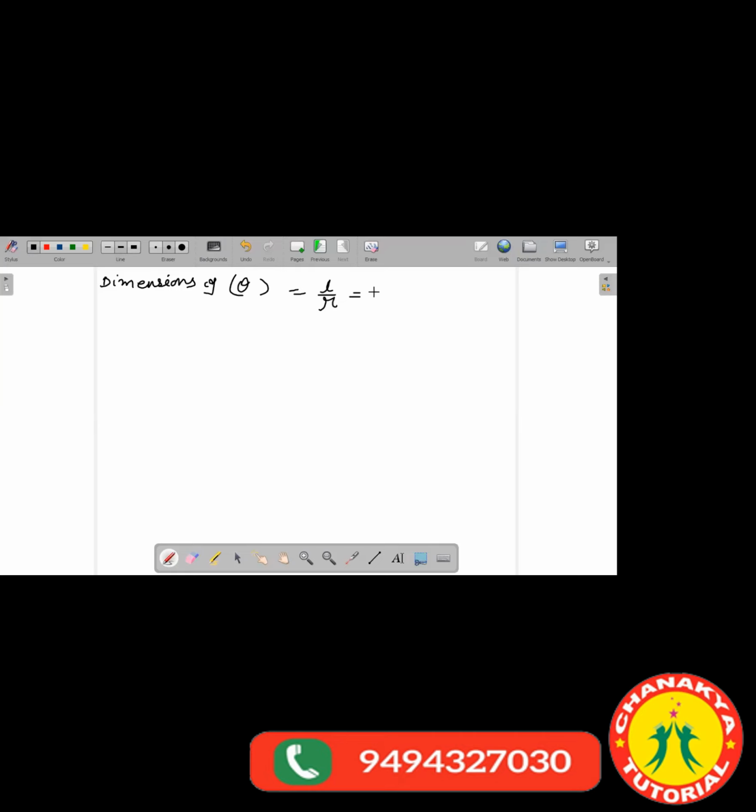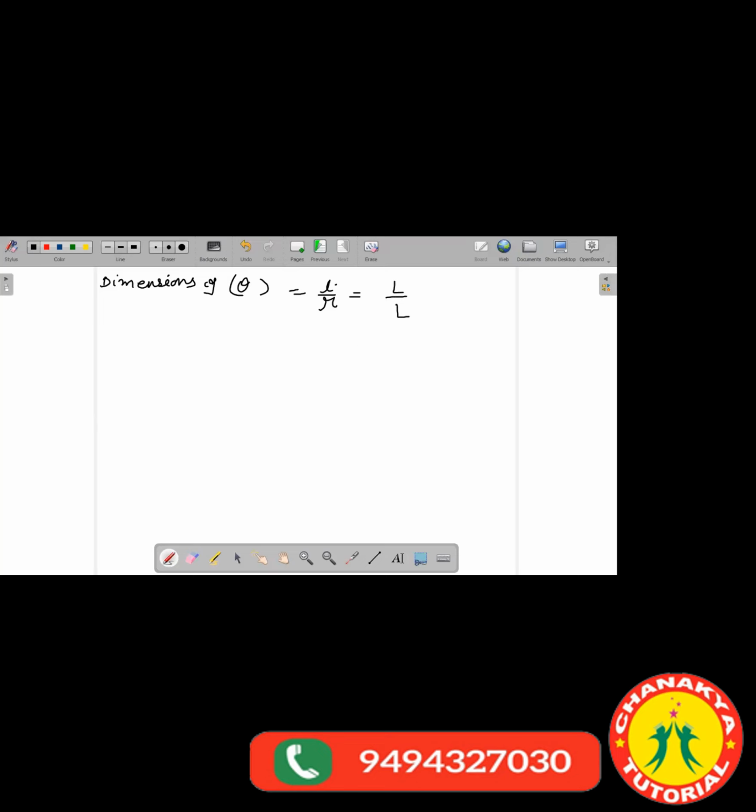So theta is L by R. L is a length, so it should have dimensions of length. R is radius, so it should also have the dimension of length.